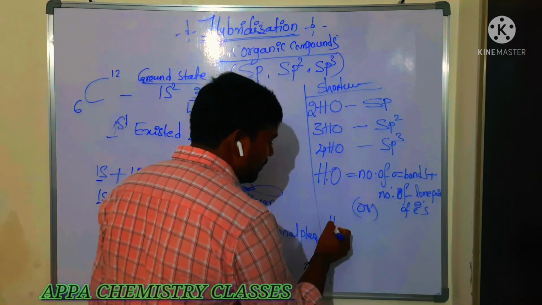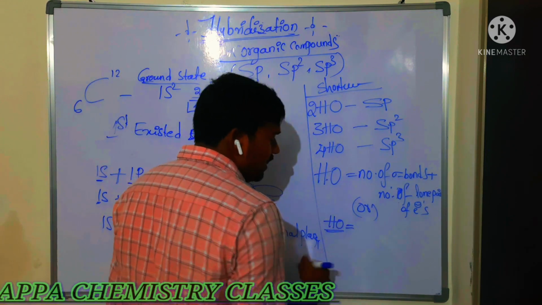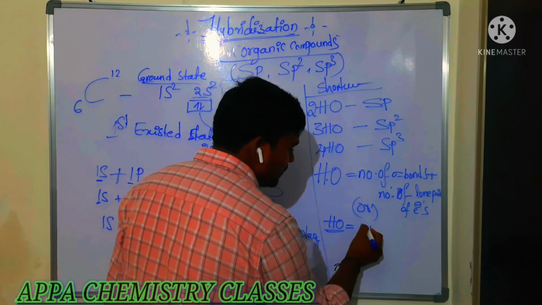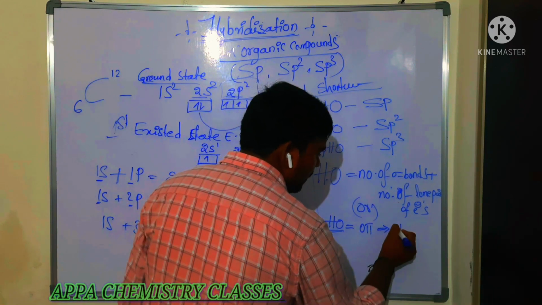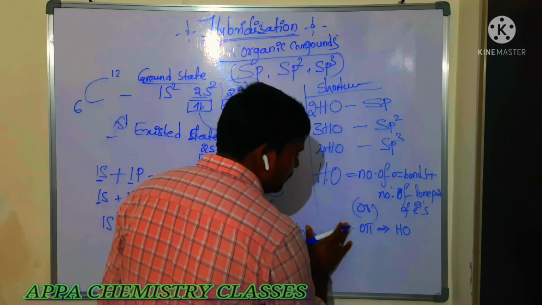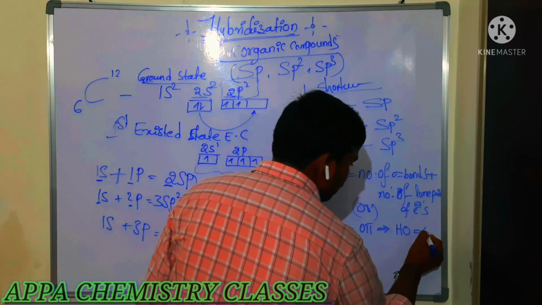Based on the number of pi bonds you can decide. If it has 0 pi bonds, then hybrid orbitals is equal to 4.